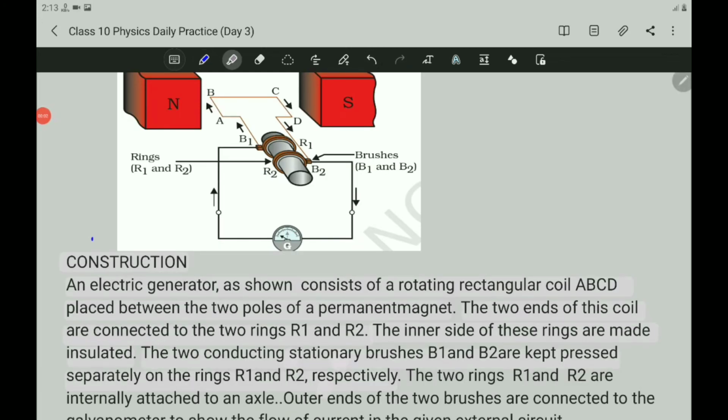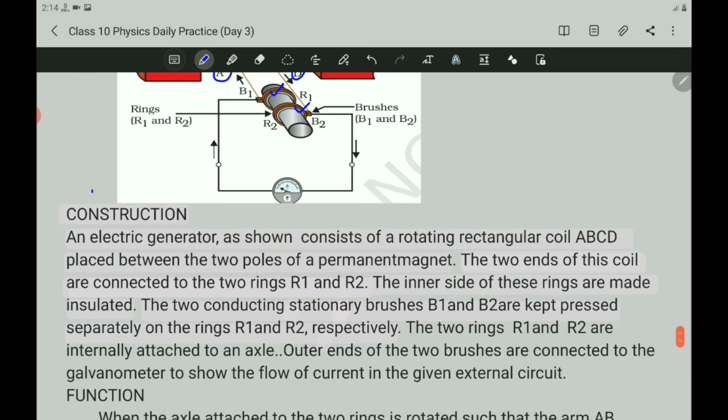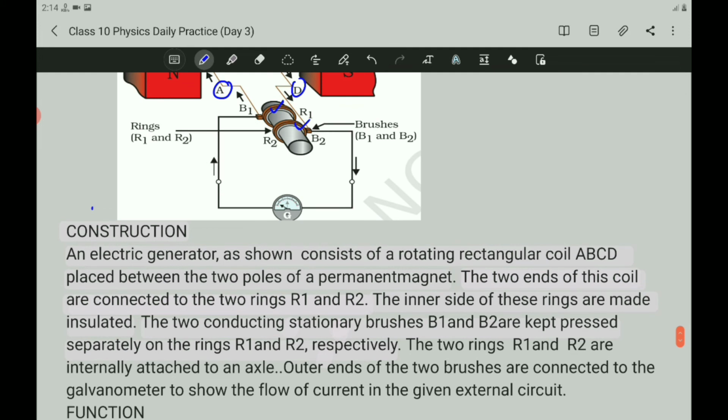The two ends of the coil are connected to the two rings R1 and R2. Here you observe the end A is connected with the ring R1, and the ends B and D are connected with the ring R2. And you know that the two conducting stationary brushes B1 and B2 are kept separately on the rings R1 and R2.